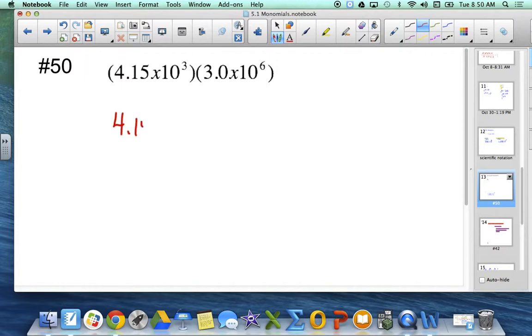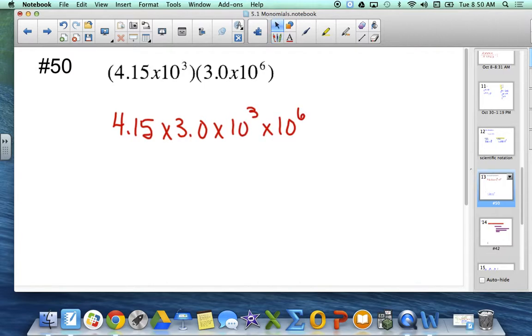So if we change the order of this, are these bases the same? Yes. So what are you going to do with the exponents? Add them. So add the exponents and you get 10 to the 9th power.